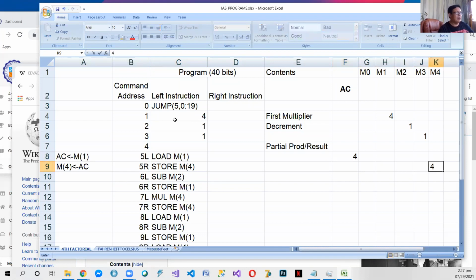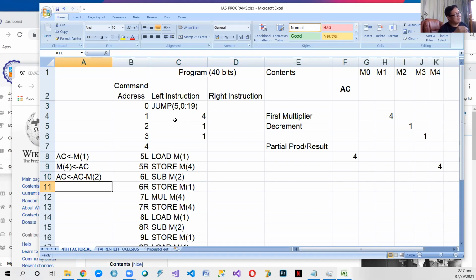This is our partial product. The first partial product is 4. The second partial product is 4 times 3. Sub M2. Why do we sub? Because we will compute the next multiplier. What does sub M2 mean? Sub M2 means AC receives AC minus M of 2.